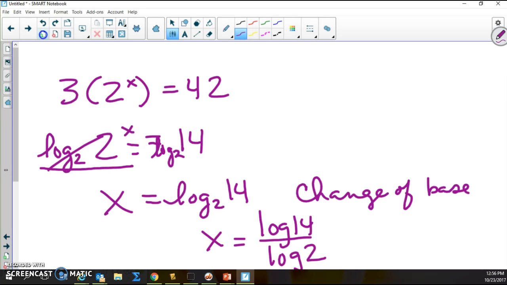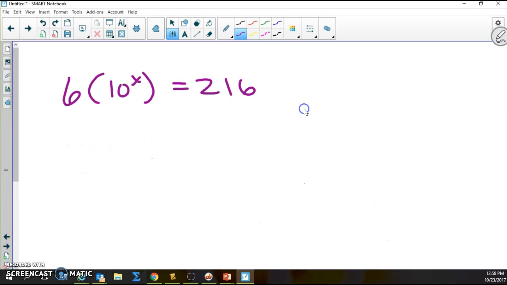Now it's base 10. 10 to what power is 14? 10 to what power is 2? And they took the natural log. We can take the common log and see that that is approximately 3.81. Please try number 33 and come right back here for the solution.